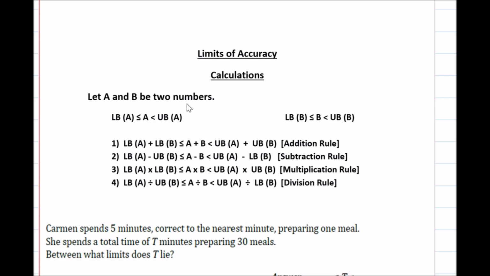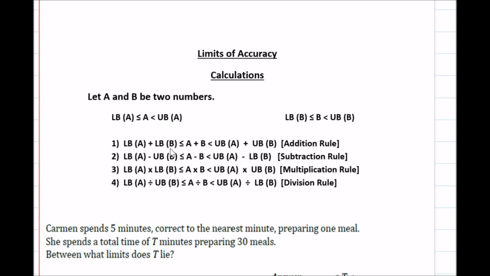So let A and B be two numbers. The lower bound of A will be on the left side, the upper bound of A will be on the right side. Same way for B. Now let us see rule number 1, the addition rule. If addition is involved and you have to find the lower bound of the sum, then you take the lower bound of the first number plus the lower bound of the second number.